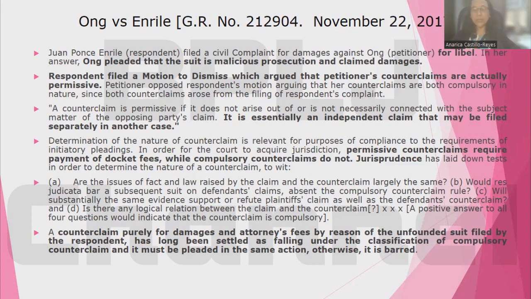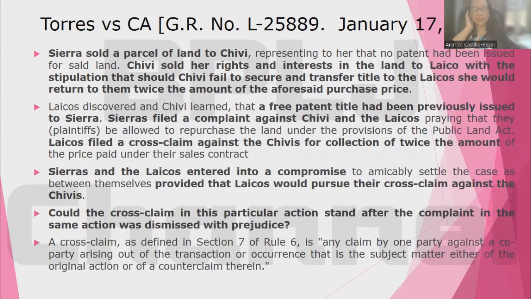Now, the civil complaint for damages which was filed against Ong, and the counterclaim of Ong that it is malicious prosecution and the damages that he is claiming as a result of the malicious prosecution is a counterclaim which is compulsory. It must be pleaded in the same action, otherwise it is barred.